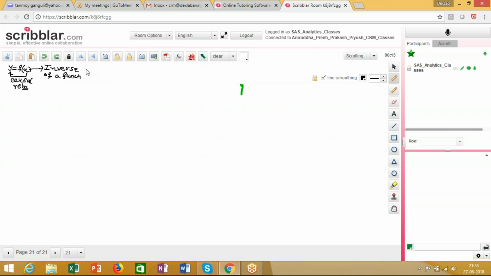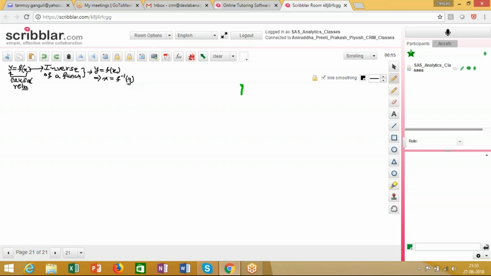So basically, if y is a function of x, so if y equals f(x), this will imply x is f inverse of y, right?